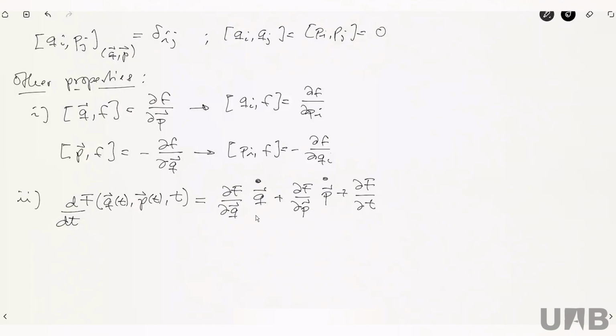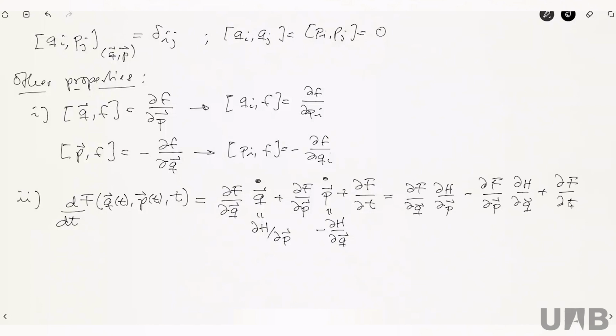Okay, now q dot is the derivative of h with respect to p, and p dot is minus the derivative of h with respect to q. So in other words, this is nothing but derivative of f with respect to q, h with respect to p, minus derivative of f with respect to p, derivative of h with respect to q, plus the explicit time dependence.